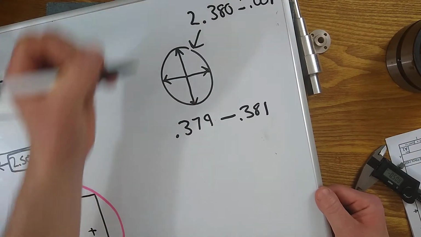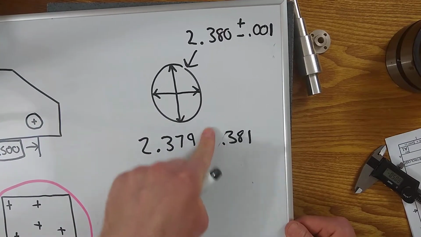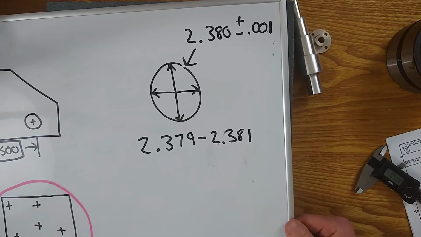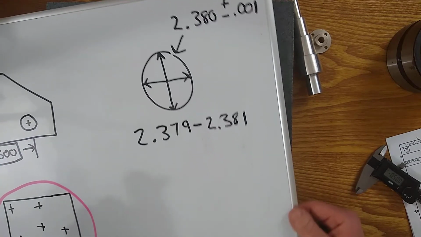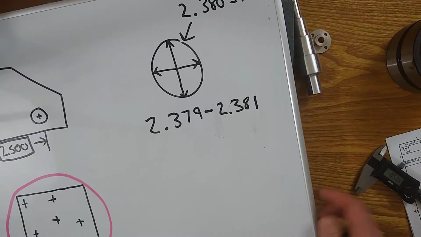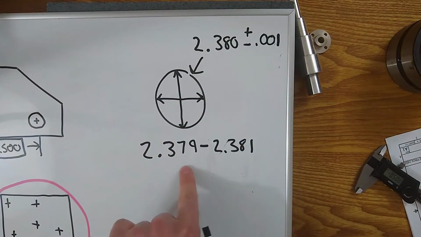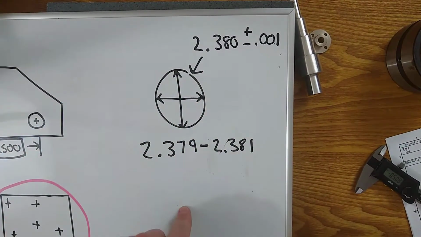What if I make it 2 inches? 2 inches, 379, 2 inches, 381. It's going to get harder and harder to control that as it grows. So whether it's an inside diameter or an outside diameter, you look at the tolerance, you figure out your extremes, and you verify every point is in those extremes.